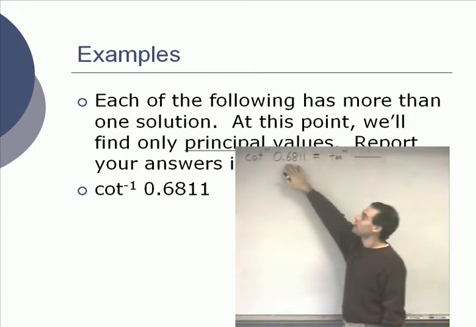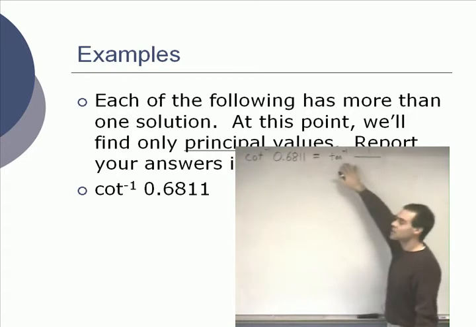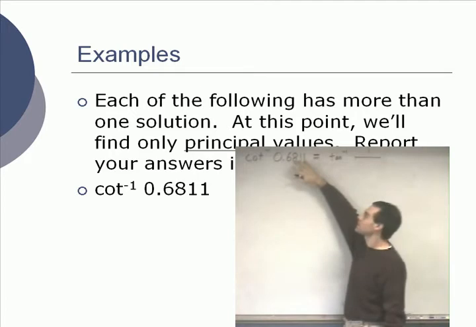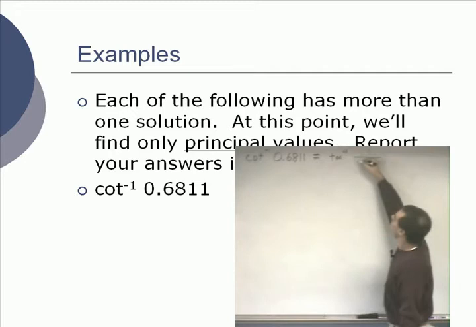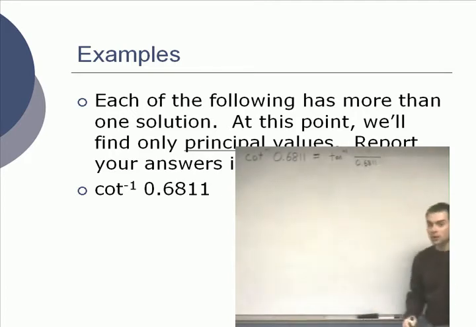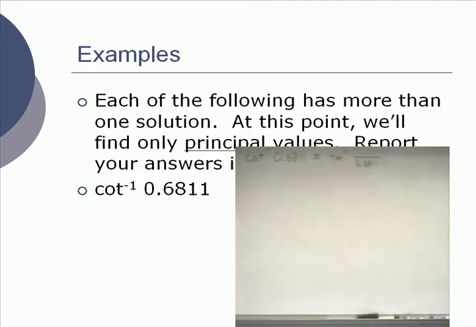This is the ratio of, for cotangent, adjacent over opposite. But we want to work with tangent instead, so we need opposite over adjacent. That means that we take this and flip it upside down. We basically flip it so that it becomes opposite over adjacent, or the tangent ratio. Take your calculator and evaluate inverse tangent of 1 over 0.6811. We'll answer these in degrees, incidentally. For these first four, we'll just do these in degrees. Anybody get it?